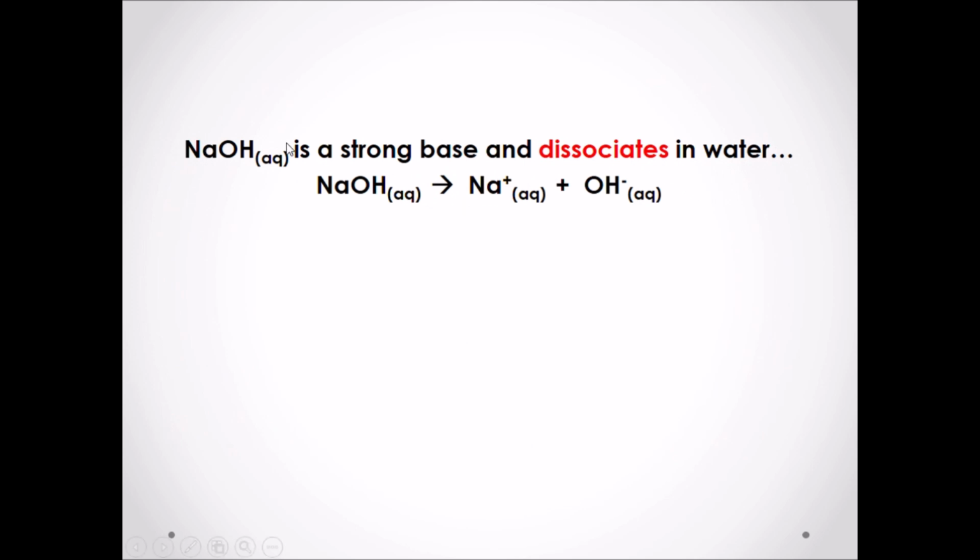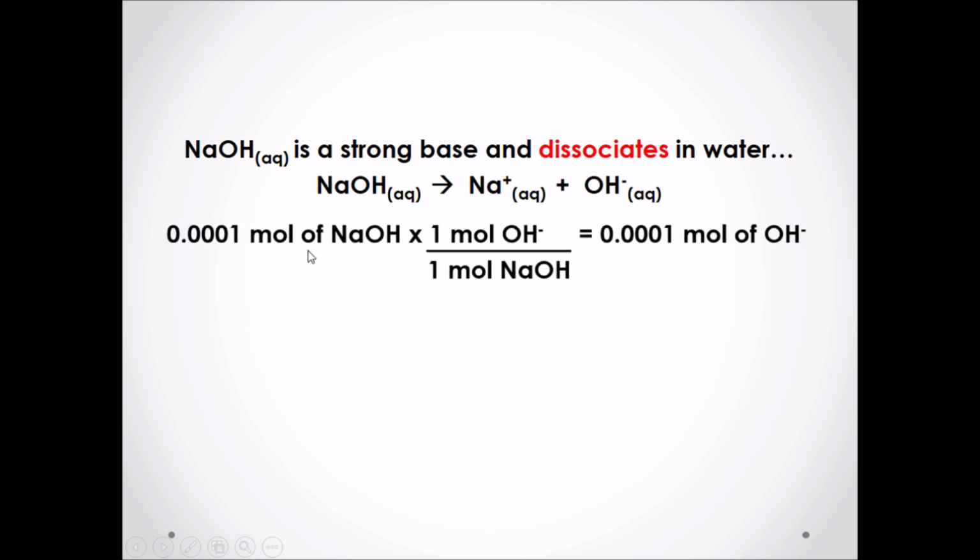Sodium hydroxide is a strong base and dissociates in water. It dissociates to produce a 1:1:1 ratio. We can then take the moles of sodium hydroxide and convert it to moles of hydroxide using stoichiometry and the molar ratio in the chemical equation.